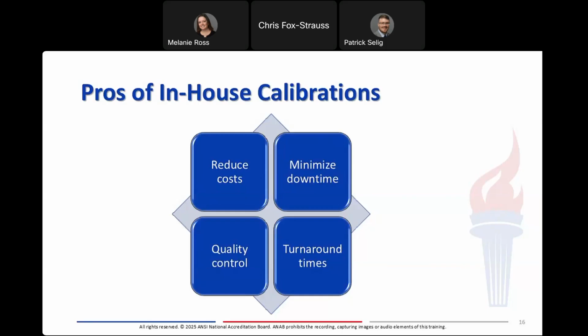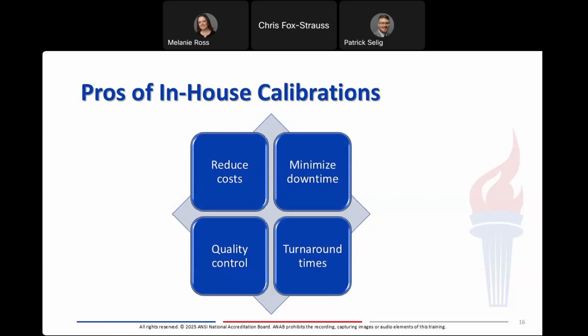Diving into the pros of in-house calibration a little farther, in-house calibrations can help reduce cost, minimize downtime, improve quality control, and decrease turnaround times. When looking at reduction of costs, however, the laboratory needs to consider the resource requirements to perform the in-house calibrations.